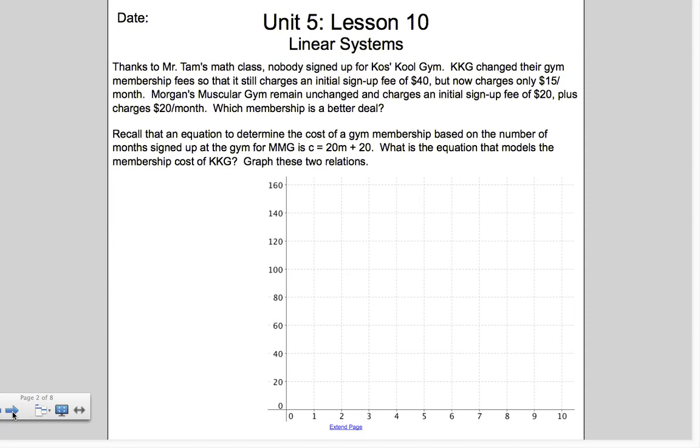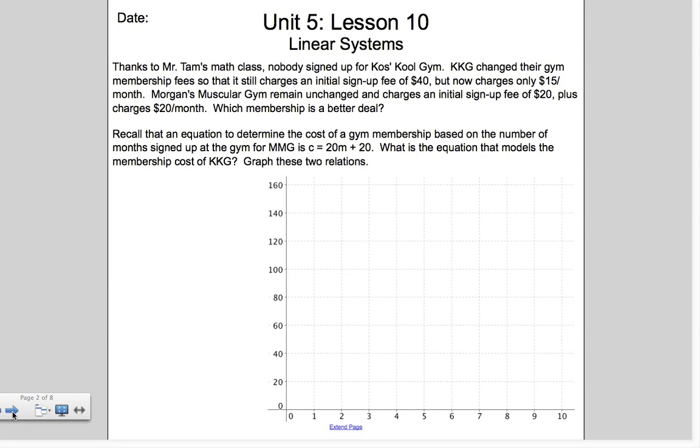So I think it was like 2 or 3 classes ago, we talked about Mr. Morgan's muscular gym and Cause's cool gym. They ran that membership, right? Well, one of them was not very happy with me because I'm teaching math. Nobody came to sign up with him.